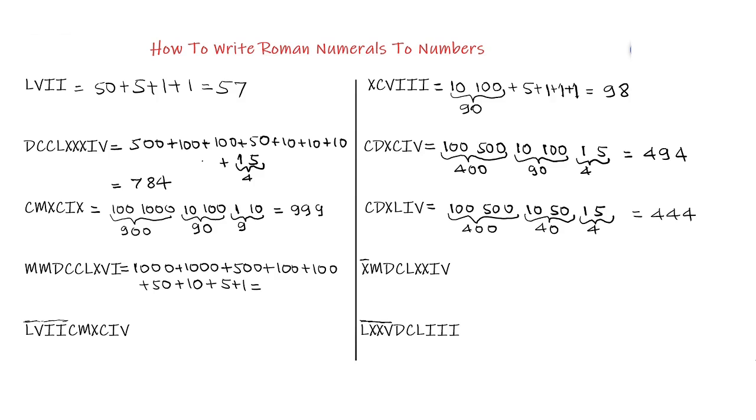This is 1000 plus 1000 is 2000 plus 500 is 2500 plus 100 is 2600 plus 100 is 2700. Then 50 is 2750, then 10 is 2760, then 5 is 2765 plus 1 is 2766.